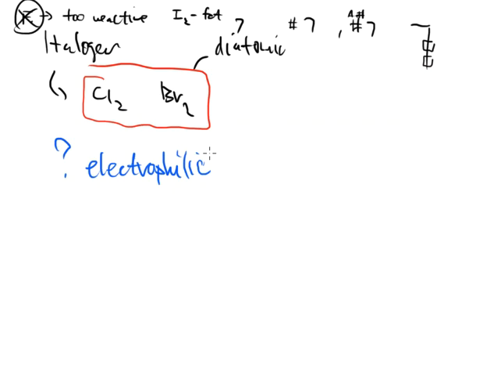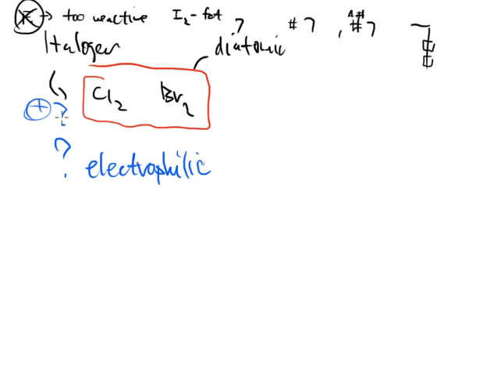But Cl2 and Br2, aren't they loaded down with electrons? I just don't understand here. How are these even possible as far as electrophiles go? Because you told me we got to have both. The double bond is the nucleophile, and we should have an electrophile. So does that mean that something's got to be here in order to give these a positive charge? And if so, how is that even possible?